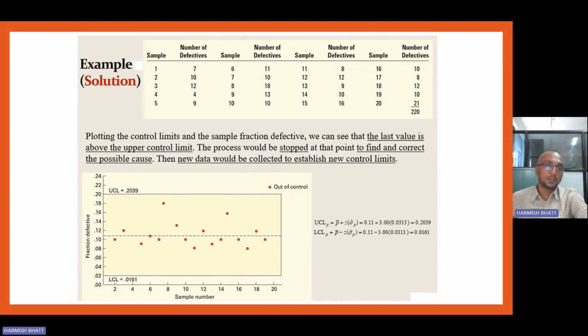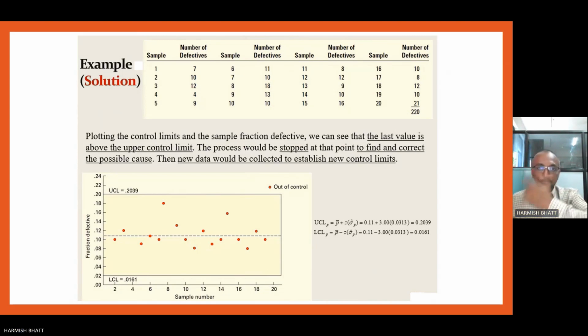So you should convert this 7 into proportion form. The total sample size is 100, and out of those 100, 7 are defective. It means 7%, or 0.07, which is the fraction defective for sample 1.